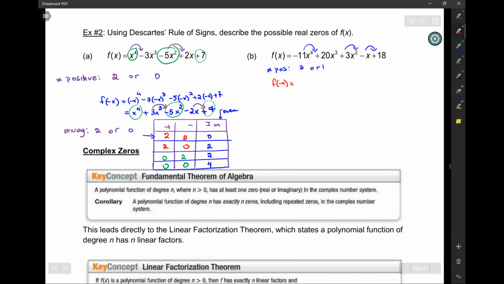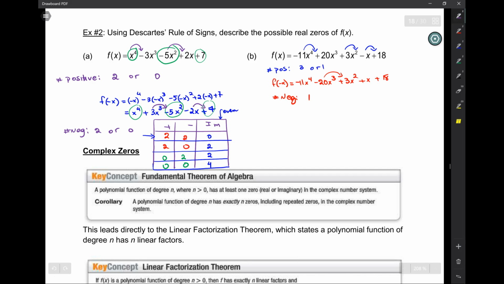The ones with the even exponents, you copy them as they are. The odd exponents change sign. Even stays, odd changes, constant stays. Okay? So there is one sign change. So the number of negative is just 1.